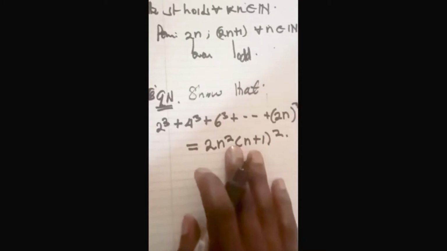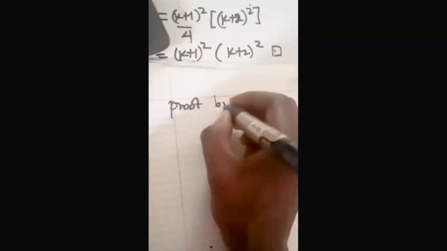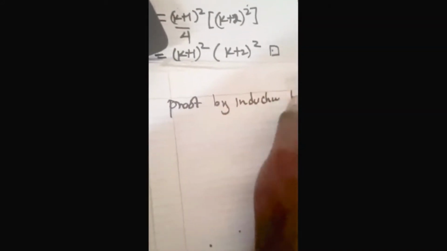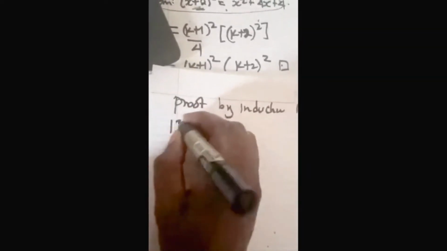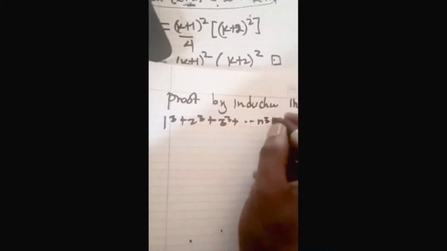So the question here can be, if someone is to set a standard question, someone can say, prove by induction that 1 cubed plus 2 cubed plus 3 cubed plus up to n cubed equals n squared over 4 into n plus 1 squared.